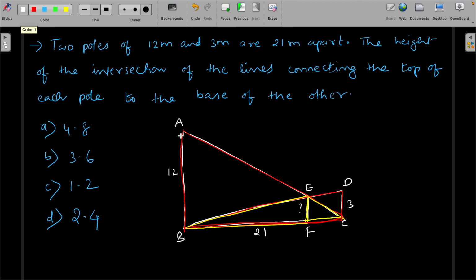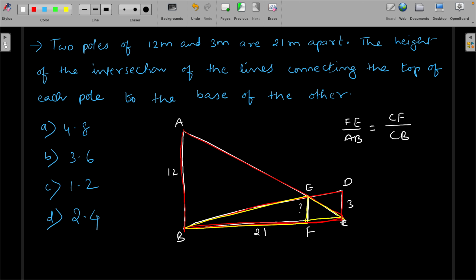Suppose we take the first part, triangle ABC, which is similar to triangle CEF. So FE by AB is equal to CF by CB. Why?